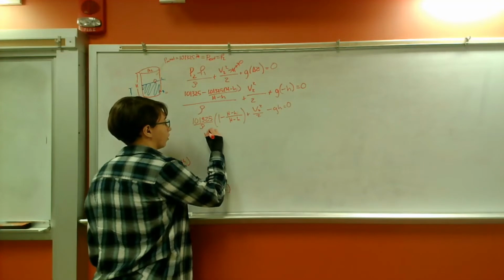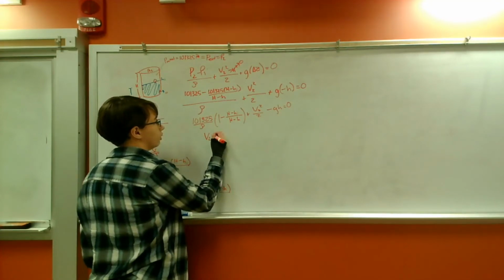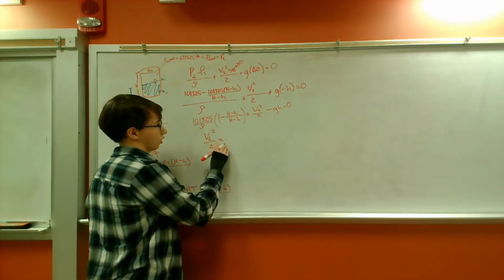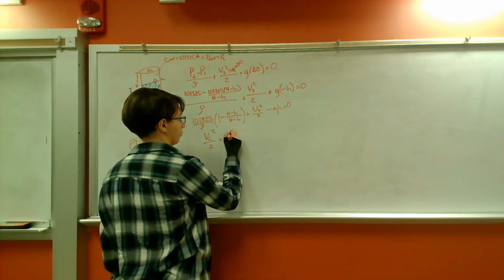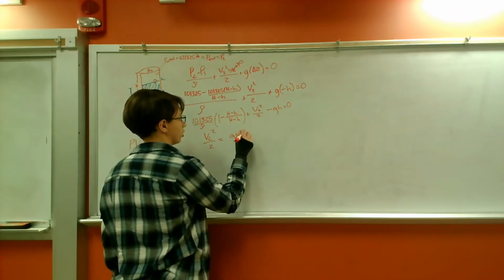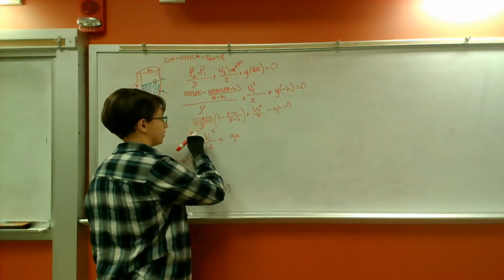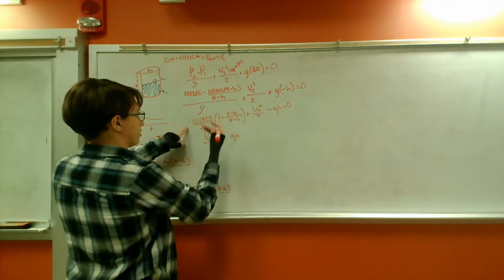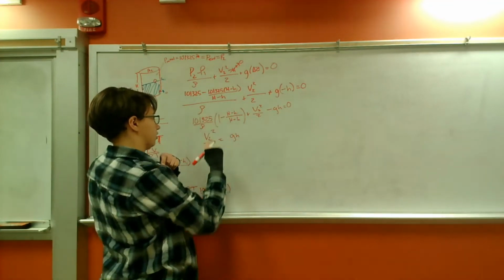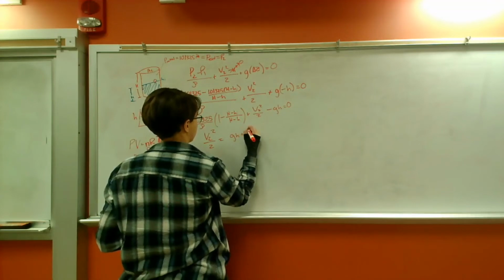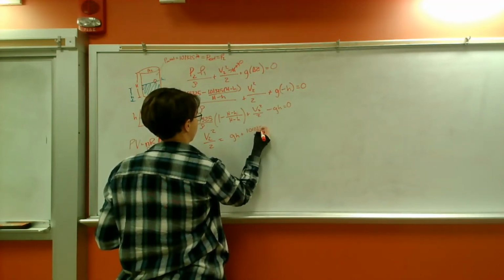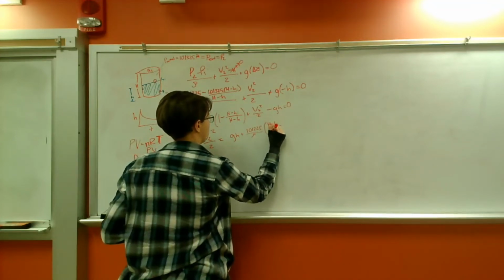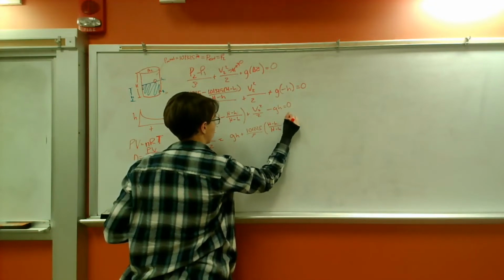So our velocity at 2, couple of steps. So first we're going to get everything over to that side, so g h, and then minus this, and then we're going to use that negative sign to flip the signs in here. So we're going to distribute the negative sign into there, so it will be plus 101,325 over rho times (H minus H initial) over (H minus h) minus 1.